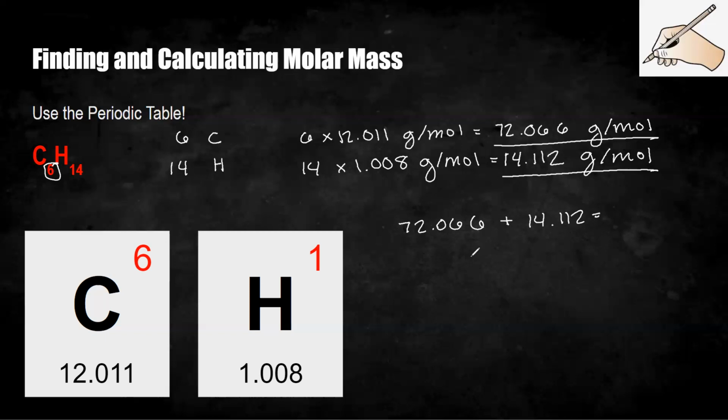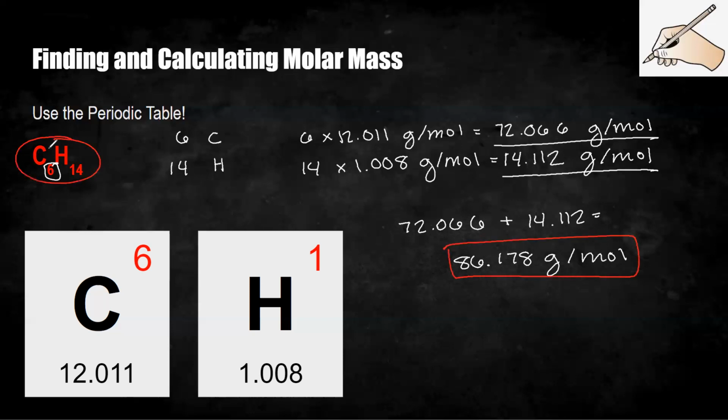And you should get a value of 86.178 grams per mole. I'm actually going to box that in red. So that is our total mass for this compound here, C6H14.